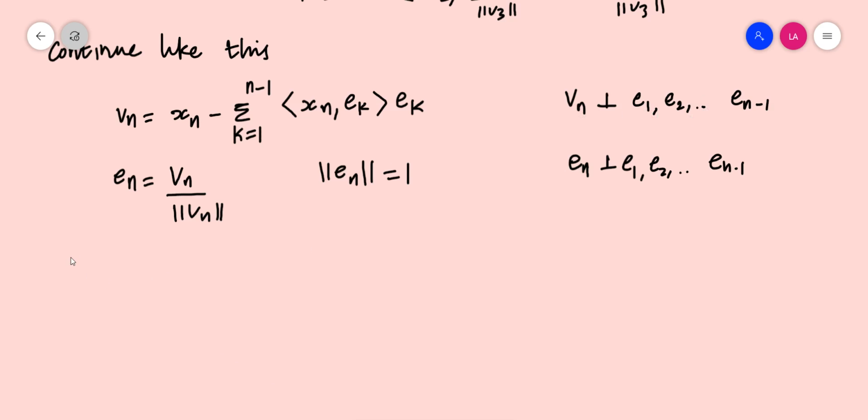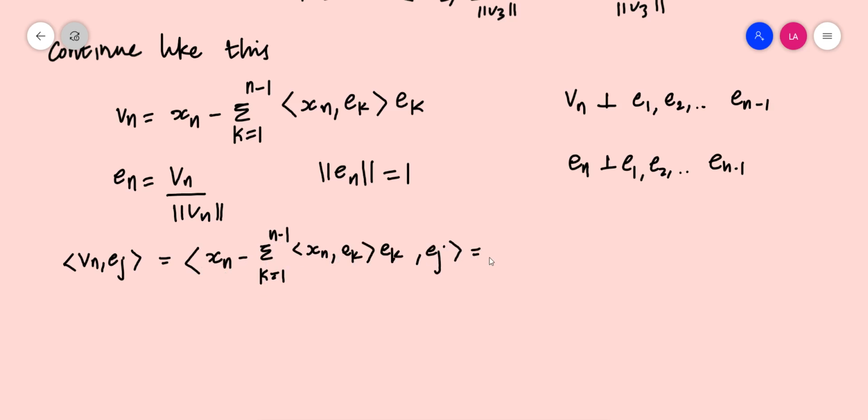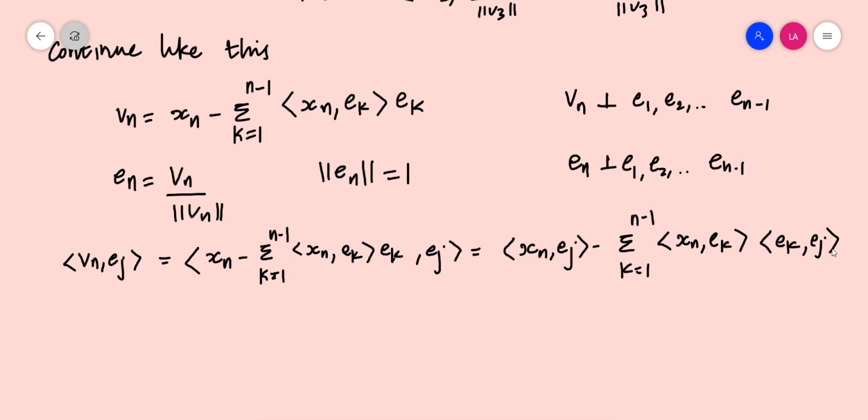So for that, inner product Vn Ej, where j is between 1, 2, 3, etc., n minus 1, is xn minus summation k equal to 1 to n minus 1 inner product xn ek times ek, comma ej, which by definition is equal to inner product xn ej minus, now we can take this outside, summation k equal to 1 to n minus 1 inner product xn ek times inner product ek ej.